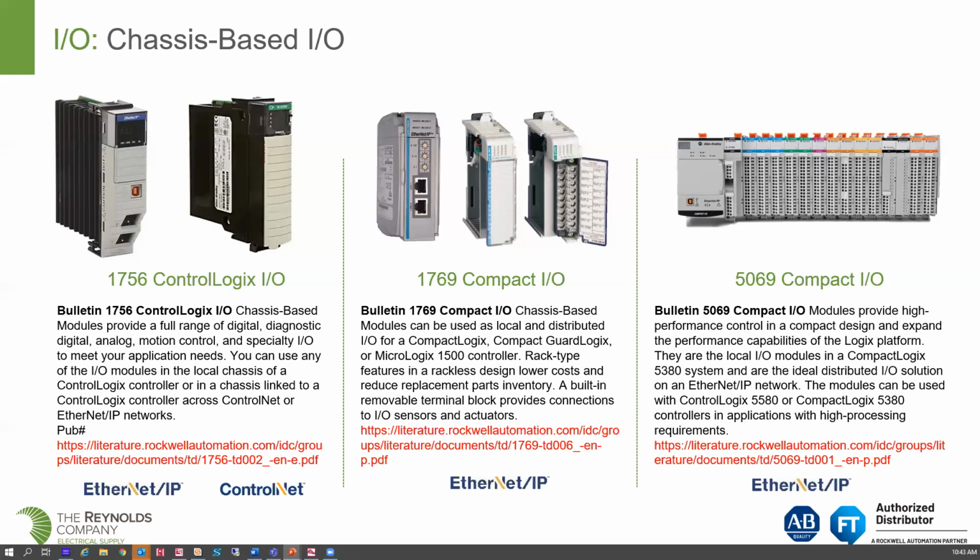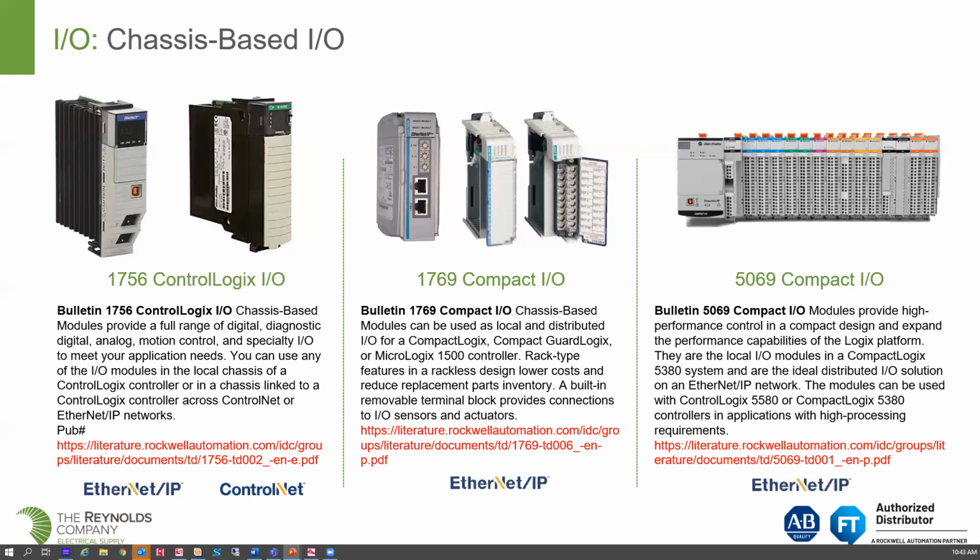The next chassis-based IO we have is the 1769 Compact IO. This is the CompactLogix IO that we typically would use with the L2 and L3 type 5370 controllers. This can also be used as remote IO off one of the newer quad core controllers, which would be the 5380 and the 5580 type controllers.